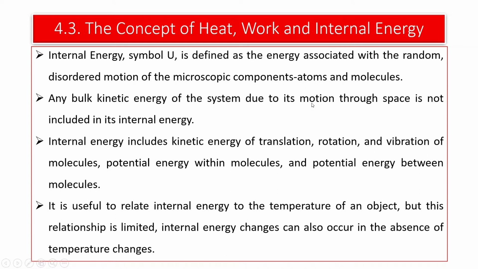For example, a car starts from a certain initial velocity and goes somewhere and acquires a final velocity. In that case, it's possible to find the change in kinetic energy, half m v final squared minus half m v initial squared, due to the motion. This is for bulk material.